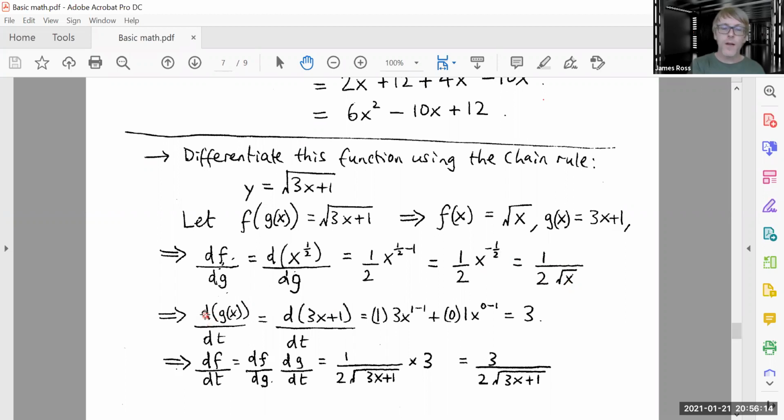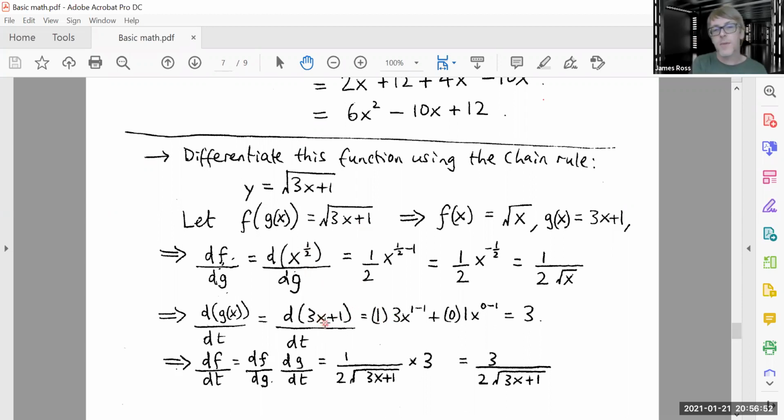We take the time derivative of g of x, where g of x, we said in our statement here, was 3x plus 1. Basically, we're going to use the sum rule again. So the coefficient 3 can just stand alone. We know that x has a time derivative in it. So for the 3x to the first order, the 3 just stays there.